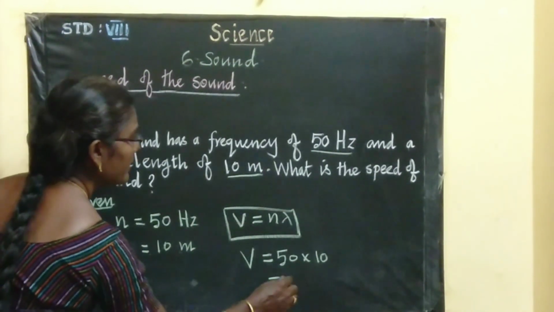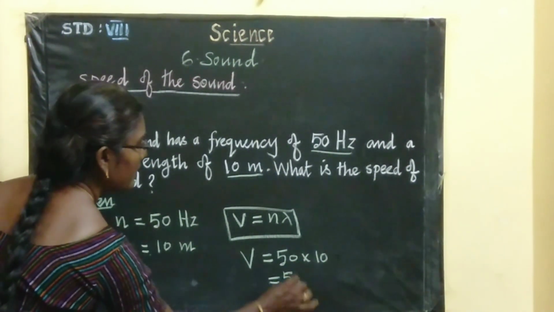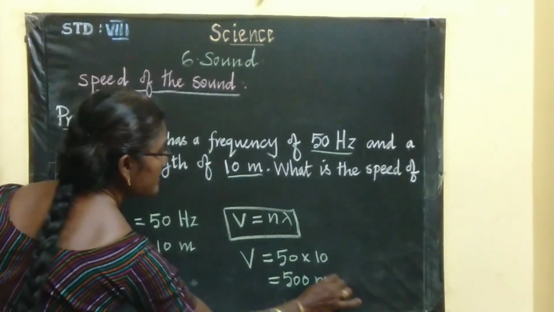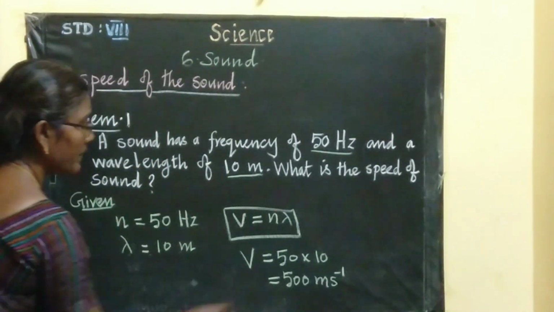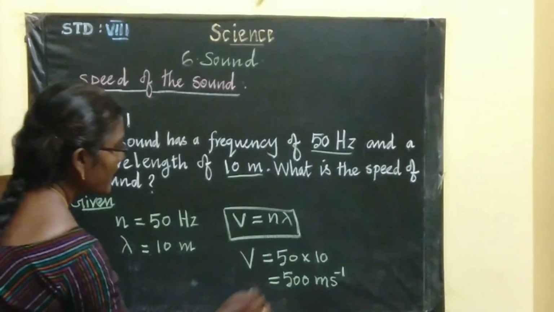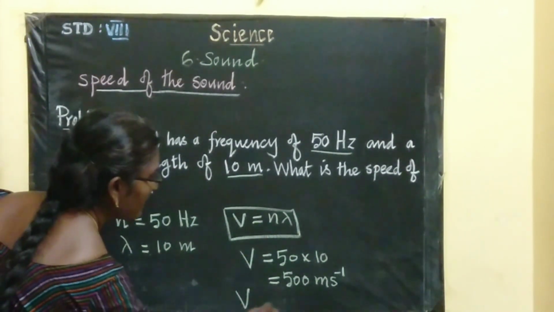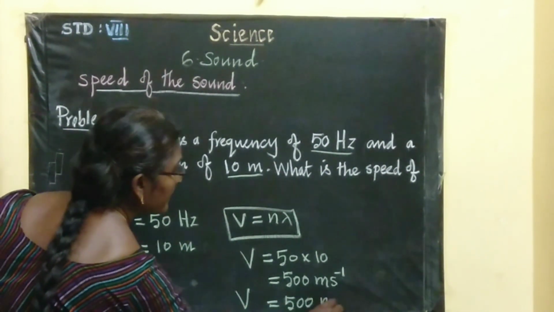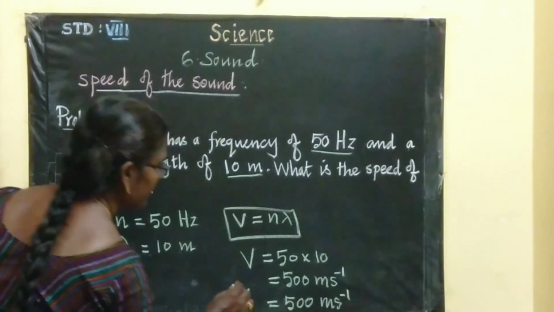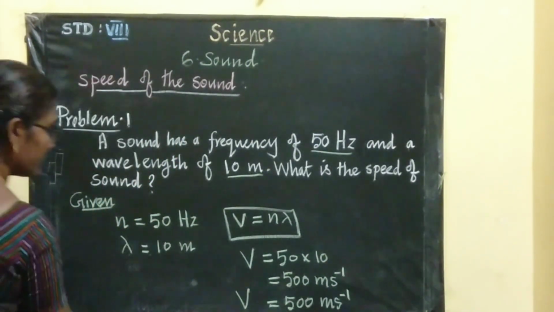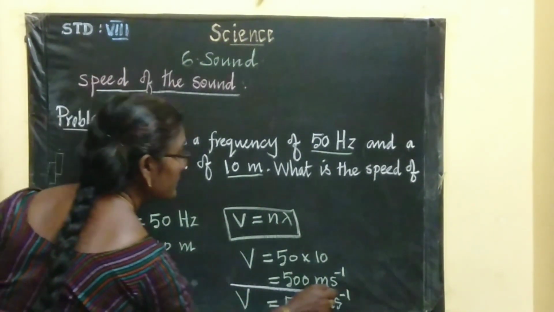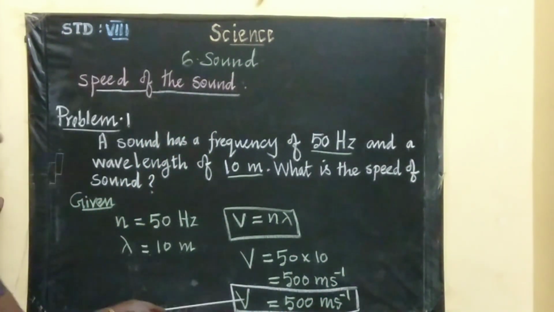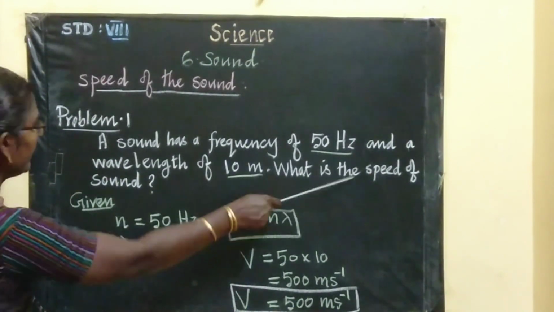So 50 into 10, 500 meter per second. So the speed is equal to 500 meter per second. This way we can calculate the speed of the sound.